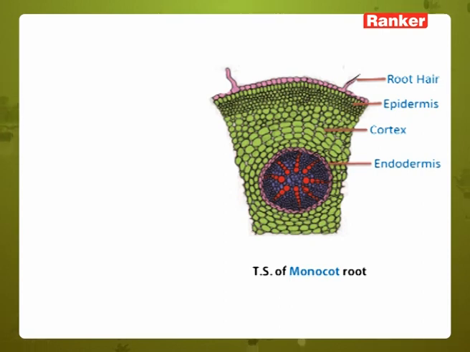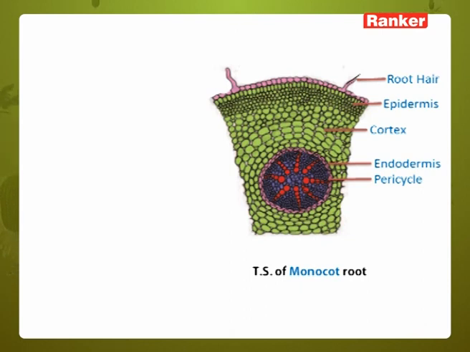Now the next layer immediately after the endodermis is the pericycle. In monocot root, the pericycle is usually uniseriate and composed of a single layer of thin walled cells. Normally it is uniseriate, but for example in maize you can see it as a multiseriate parenchymatous layer.